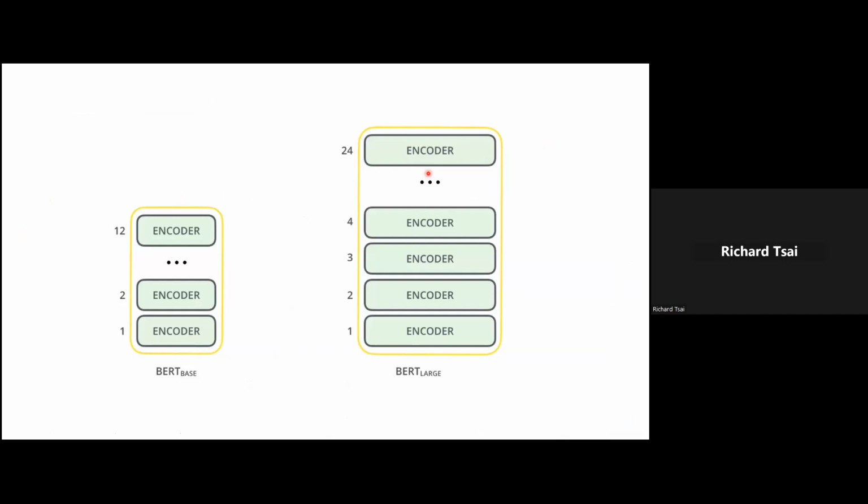So BERT has two widely used versions. In BERT base, the embedding vectors have 768 dimensions. There are 12 layers and 12 heads. In contrast, BERT large uses 1024 dimensional embedding vectors and has 24 layers and 16 heads.